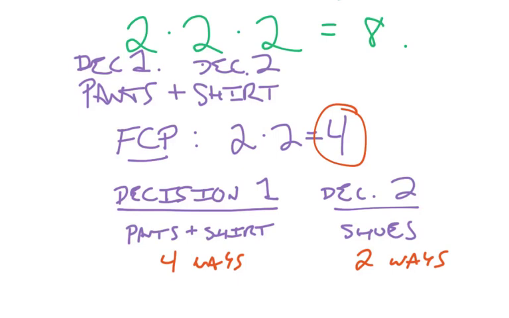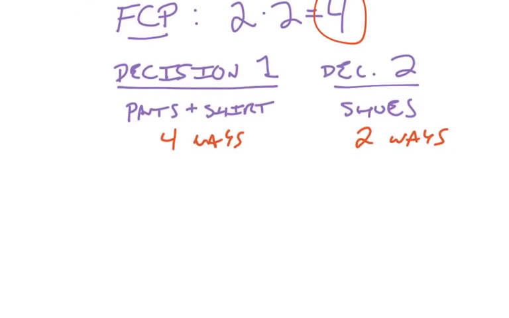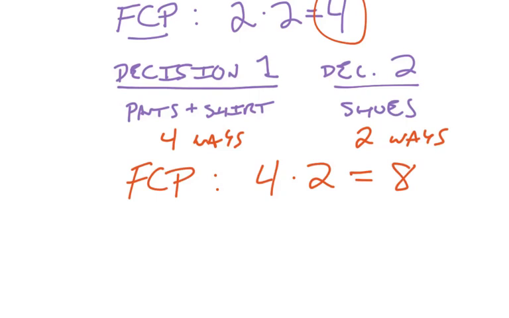There's 4 ways of doing that. And I've got decision 2, which is the shoes. There's 2 more ways of doing that. So now the fundamental counting principle can be applied to this situation. The total number of ways of doing this is going to be 4 times 2, which we already saw is the correct number of ways of doing this, which is 8. All right, so this is 8 total outfits.